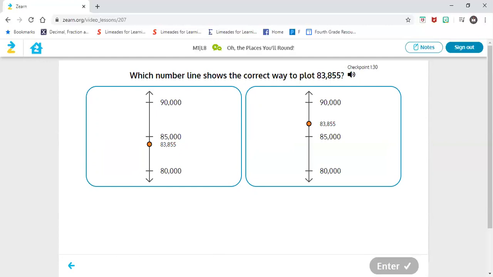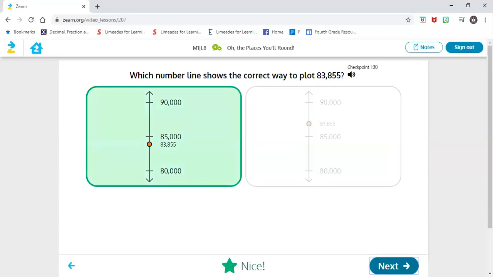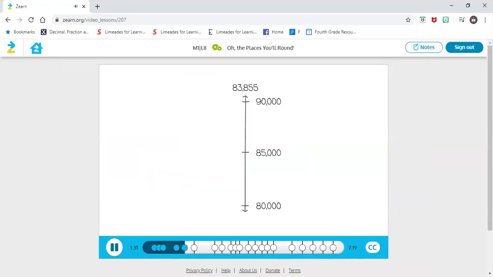And I know from counting that 83 is lower than 85, so I'm going to plot it below 85,000. 83,855 is less than 85,000. So 83,855 is here on the number line.